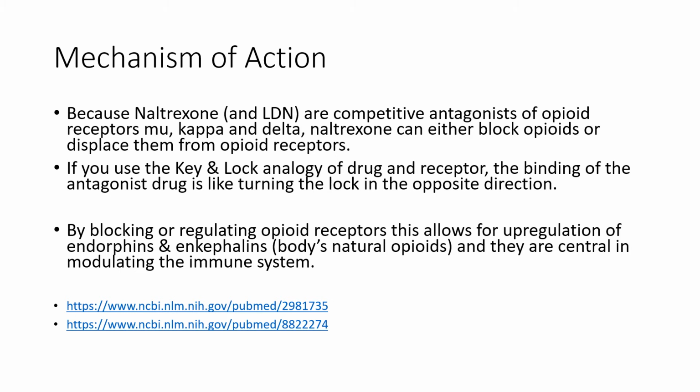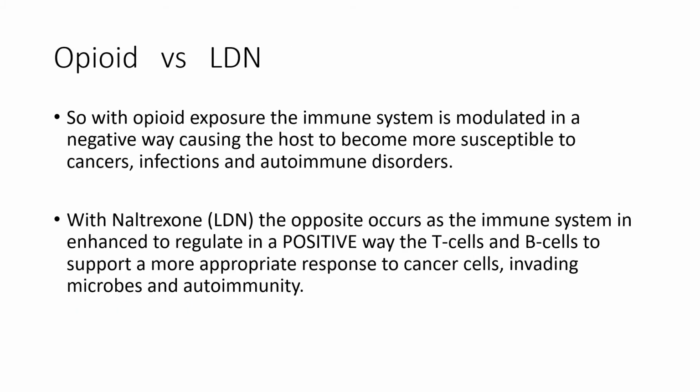Opioids, for example, have the effect of suppression of endorphins and enkephalins, and thus suppression of normal immune function. There is a vast body of research that shows that opioid exposure modulates the immune system in a very negative way, causing the host to become more susceptible to infections, cancers, and autoimmune disorders.